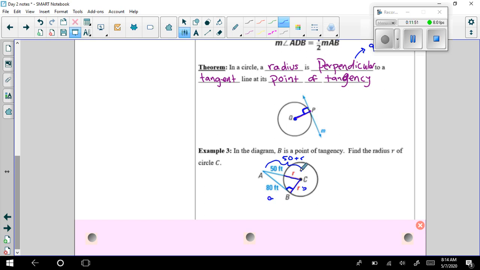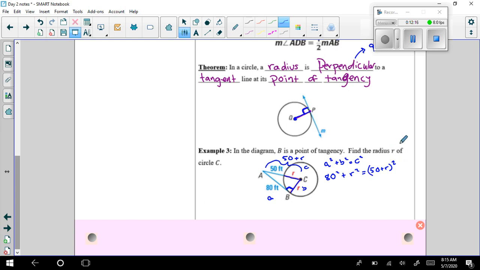So we have A, B, and C in our right triangle. And we recall that a squared plus b squared is equal to c squared. And so we just plug in. So 80 squared plus r squared equals (50 plus r) squared.